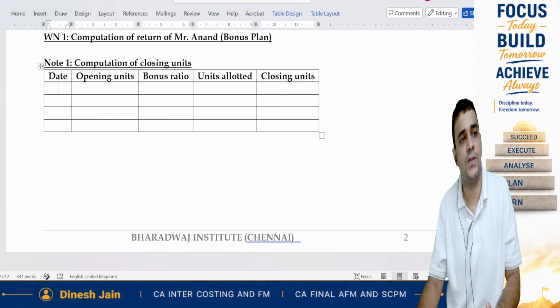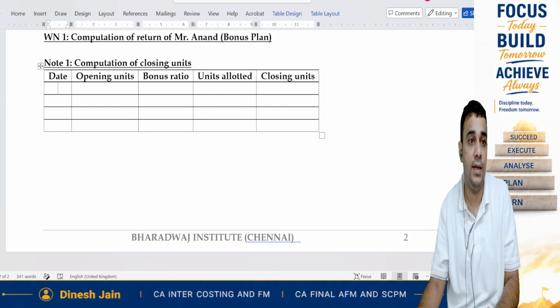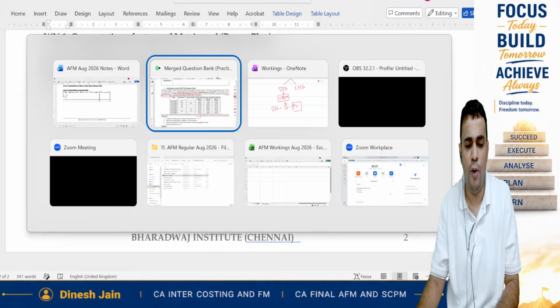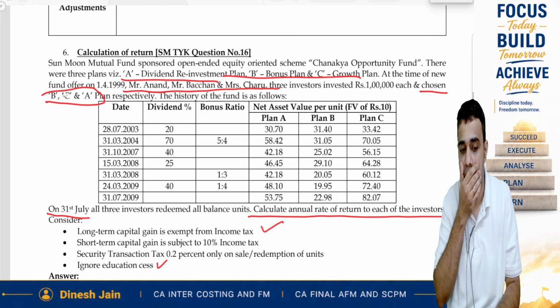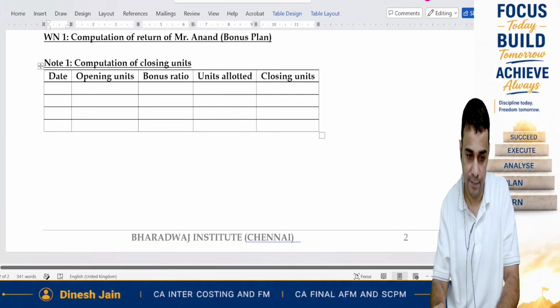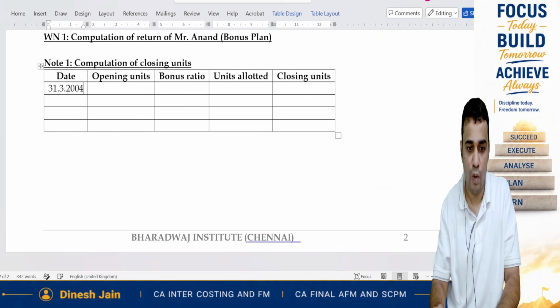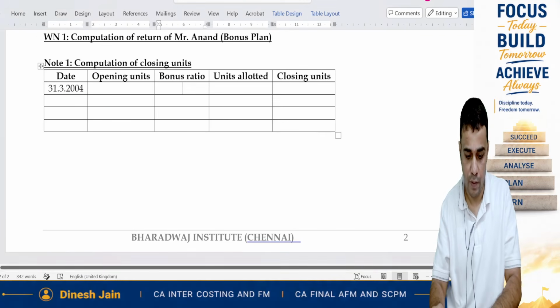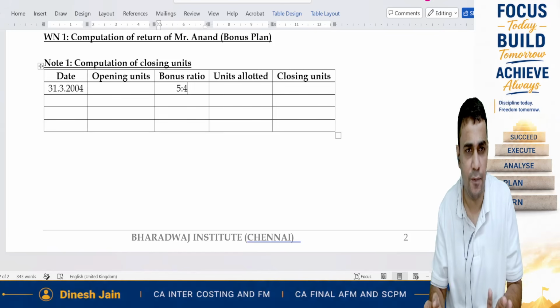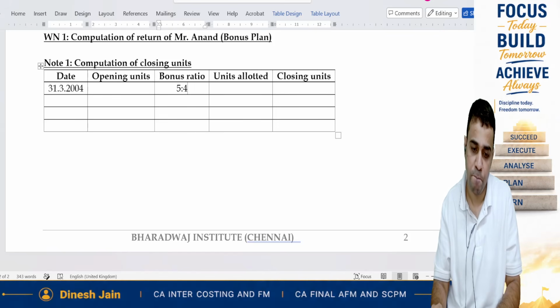Whenever a bonus is declared, there is going to be an increase in the units. How many bonuses are declared in the question? Tell me the dates. First, what is the bonus ratio? 5:4. Next bonus ratio is 1:2.